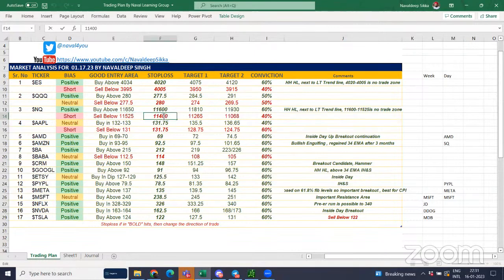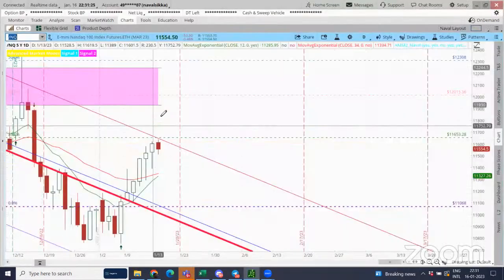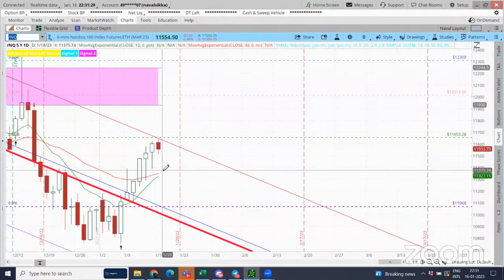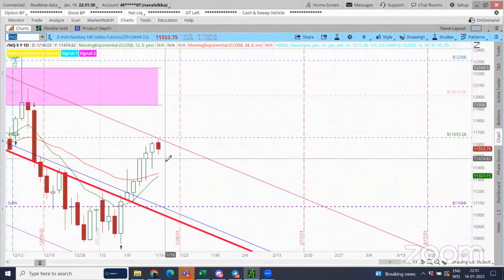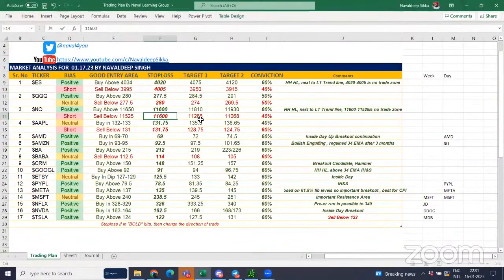Stop loss 11,600 and target will be 11,475, 11,325. I'm reducing it to neutral because I think the market is not short at this time. Saving it. If we break 11,300, then it will become negative.